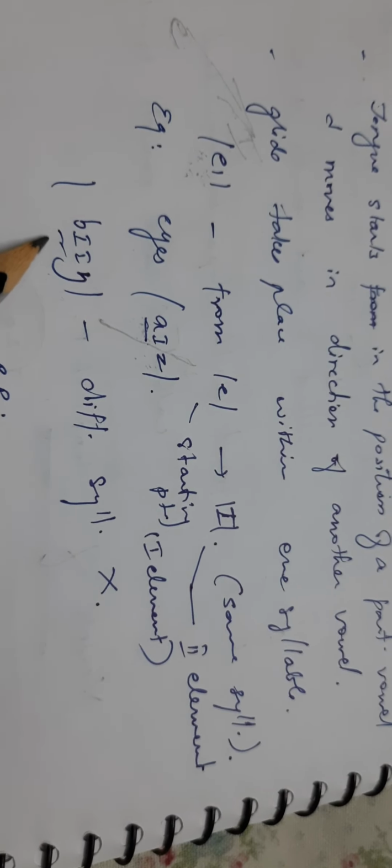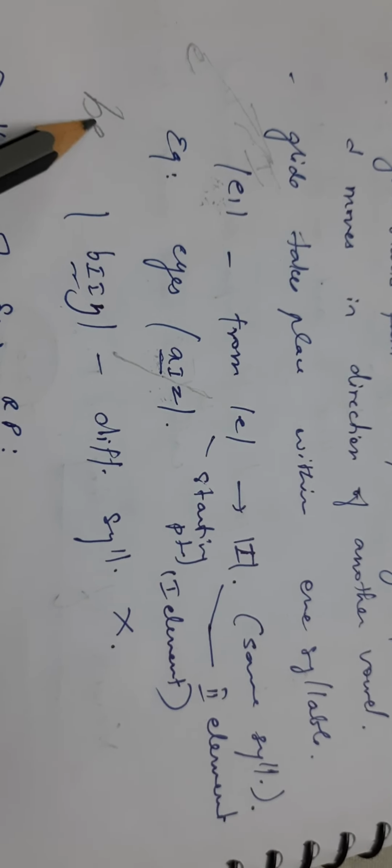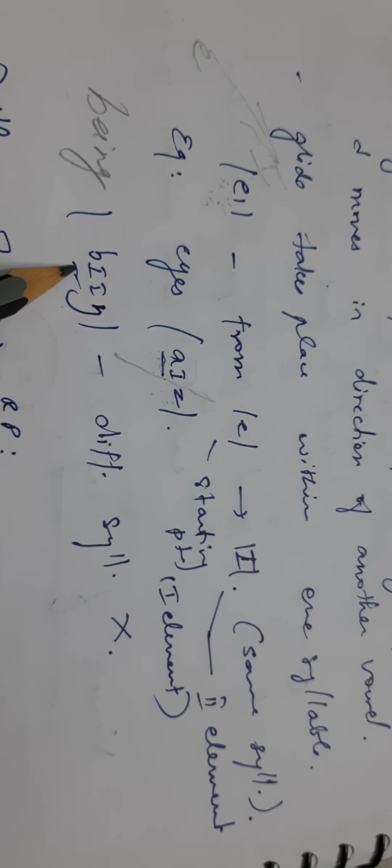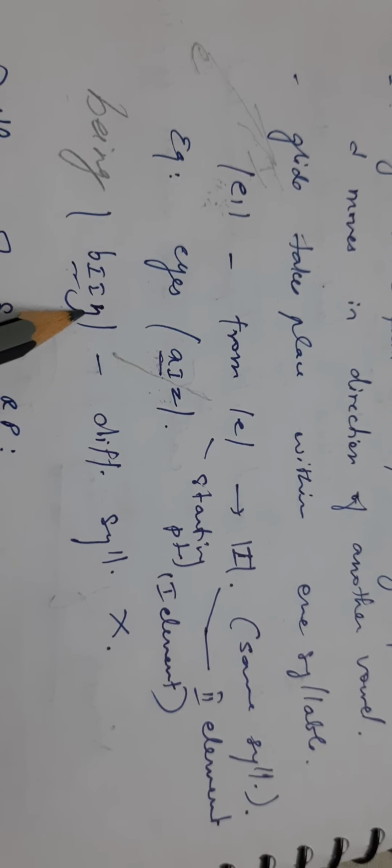Clear? And another example they have given here is being. So as you write here, being. This is phonetically transcribed like this: B, E, E, ing. This is the ing sound, which is actually a consonant sound, so we will do it after finishing vowels, in the next session. You need not worry much about that.